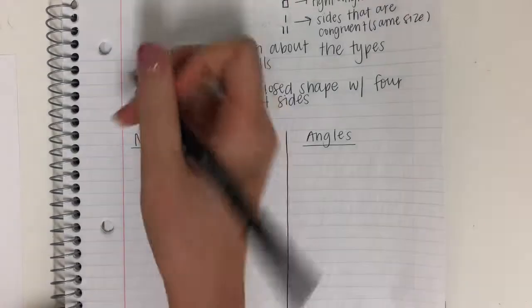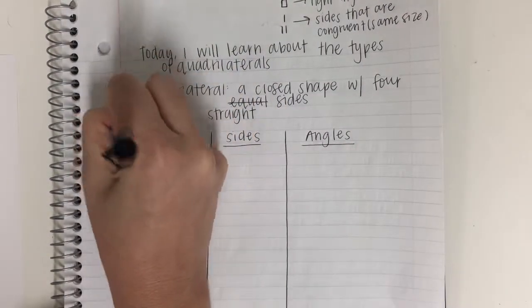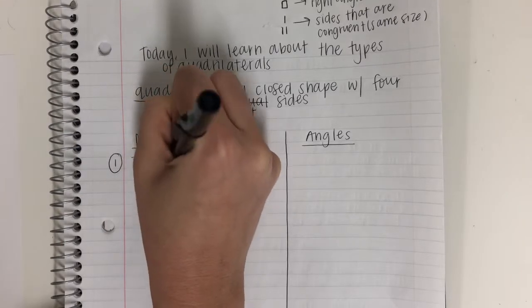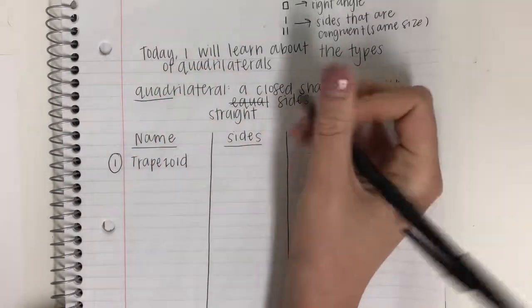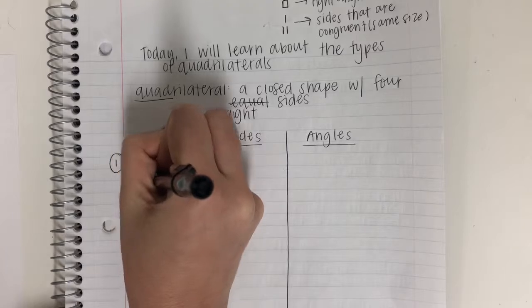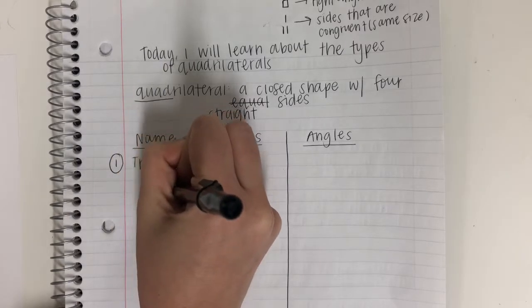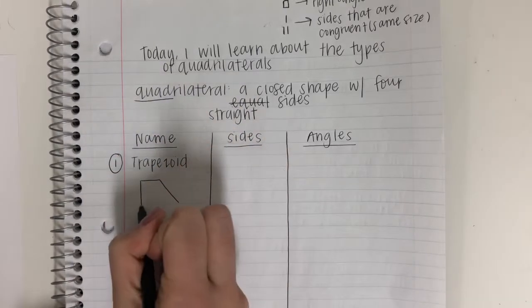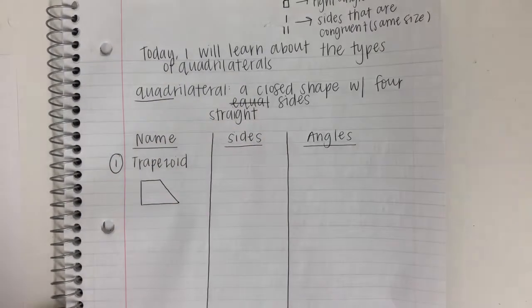Okay. All right, let's take a look at our first one. The first one that we have is a trapezoid. And it looks like this. Okay.